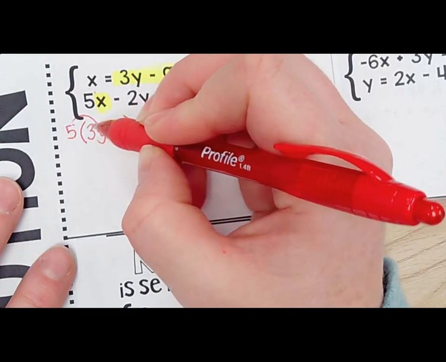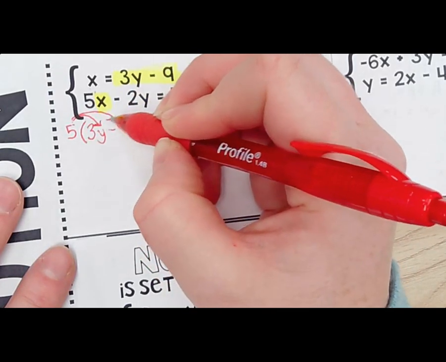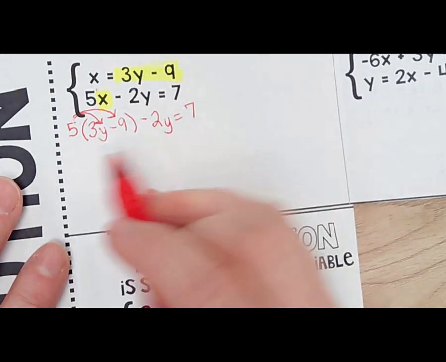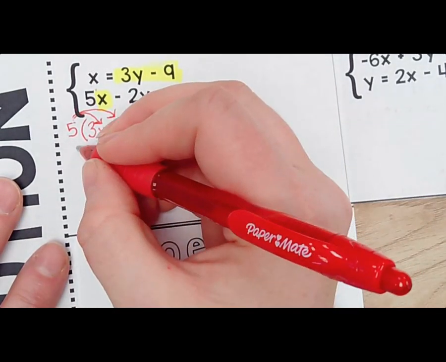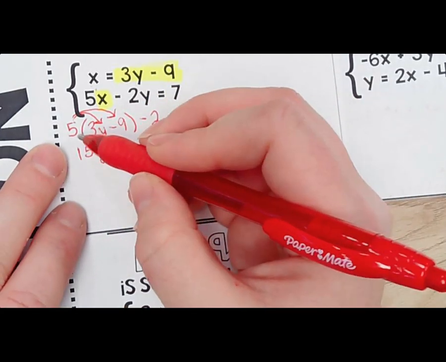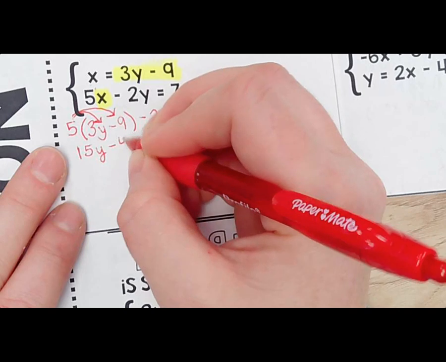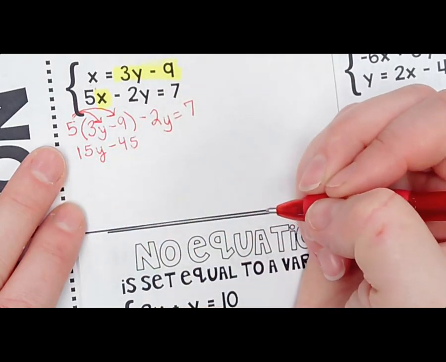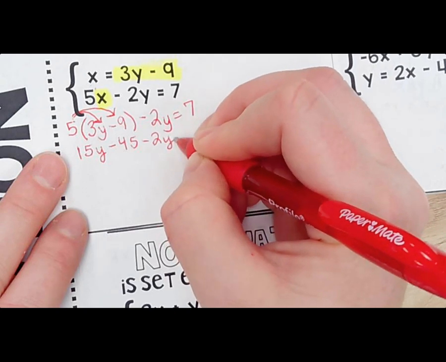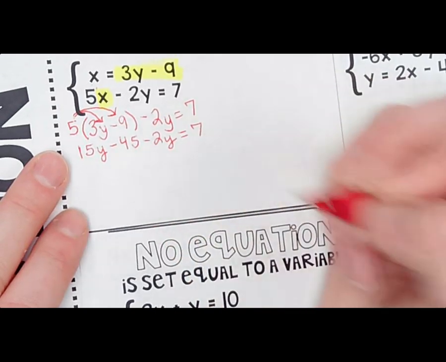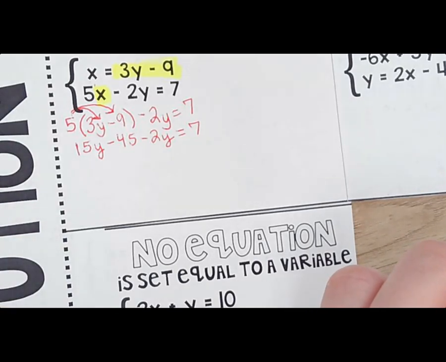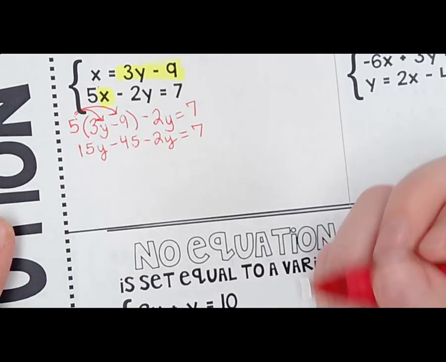Then we're going to solve for y. So the way we solve for y, we have to distribute and solve for y. So 5 times 3, 15y. 5 times the negative 9 is minus 45. And then minus 2y equals 7. We need to solve this out.